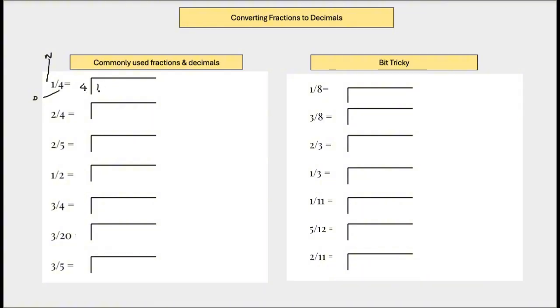Now, you know that 4 does not go into 1. So we're going to put a 0 here. Bit squished there, sorry. And then you're going to put a decimal there. After the 0, you're going to put the decimal. So then you put your 0 there, because this is how it's going to be. I'm going to have the zeros in.